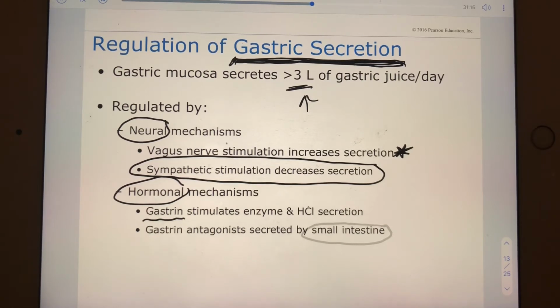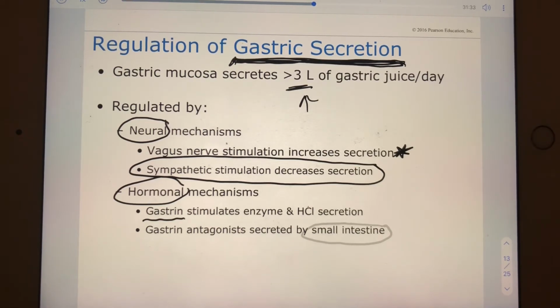is the chief hormone that stimulates, I should actually not underline that portion rather. Gastrin is the chief hormone that stimulates stomach activity, stimulates gastric secretion, okay?